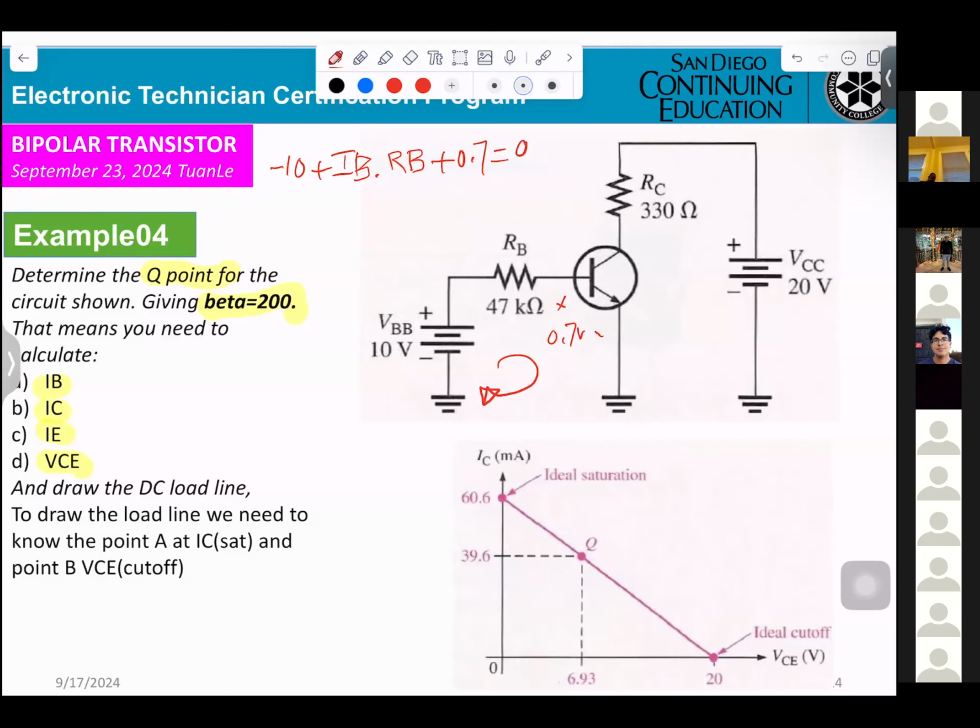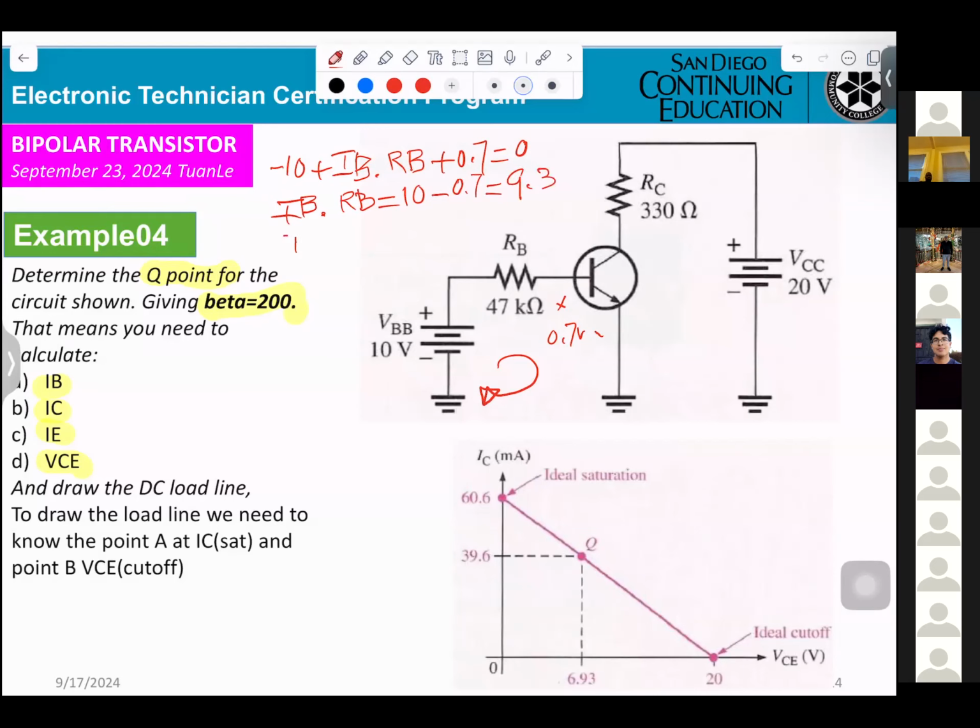So now you can get IB times RB equals 10 minus 0.7, which is 9.3.